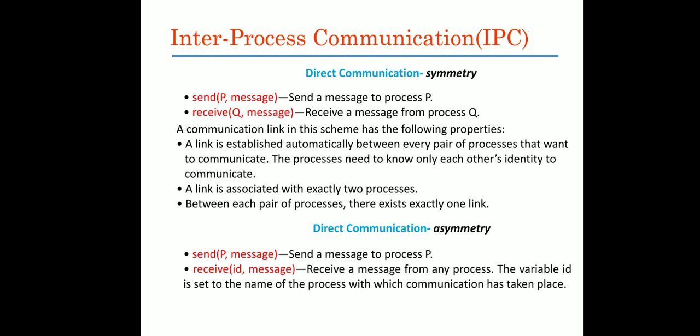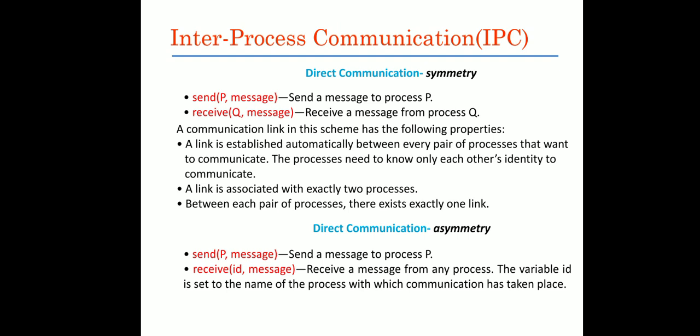In asymmetric direct communication, we know the receiver's identity, but we may not need the sender's identity here. In the send primitive, we again use two parameters. P is the receiver's identity and the second parameter says what message you are sending to the receiver. The receive primitive again has two parameters.